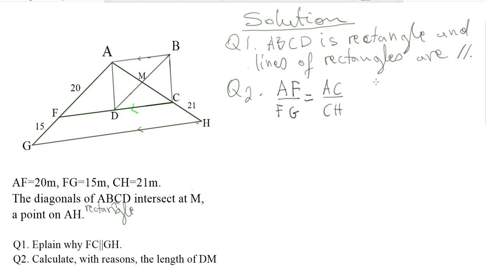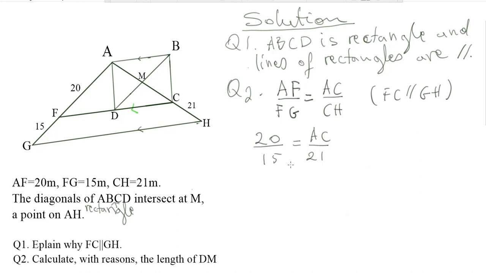Now the reason: FC is parallel to GH, okay? Then we replace: instead of AF we have 20, instead of FG we have 15, and here we have AC over 21.